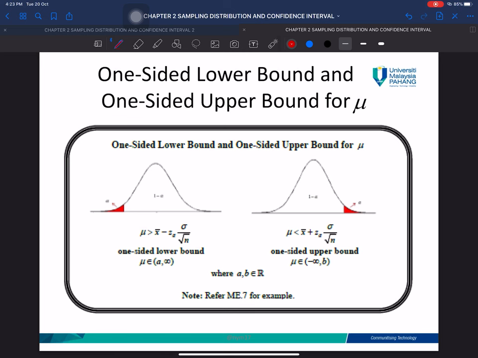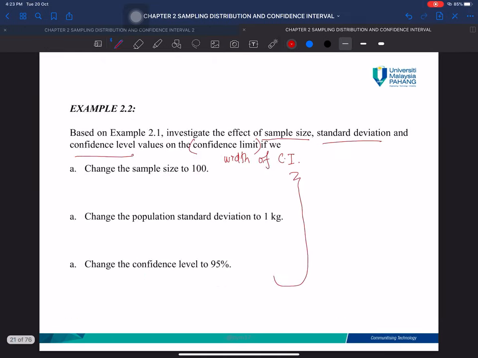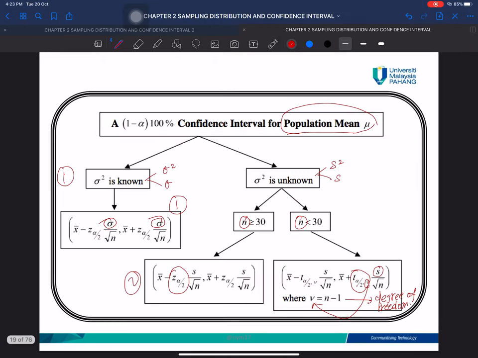Also I will discuss in the exercise, but in general, we are using a similar formula. We still need to know what condition we have and which formula we need to use. What we modify is only the alpha. When it is one-sided, it is not alpha over 2, it is just alpha.